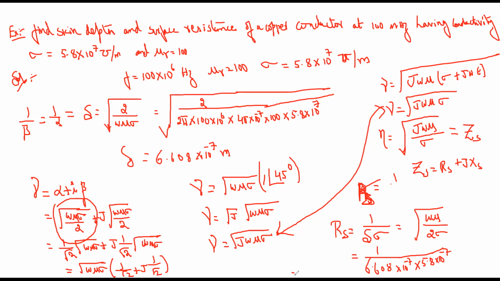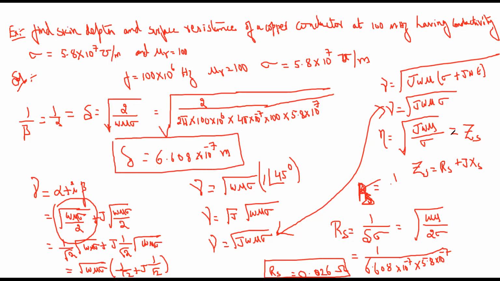Now use the calculator and find the RS, the value of RS is 0.026 ohms, the resistance. RS is equal, and the delta is skin depth. Got it, my dear students?